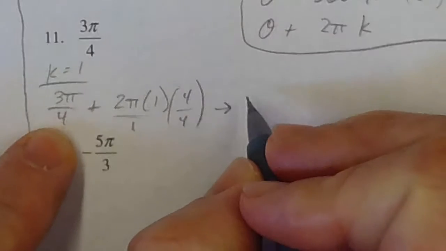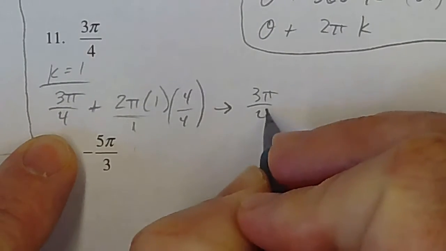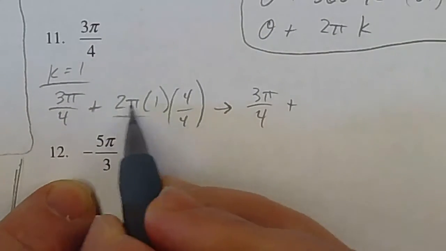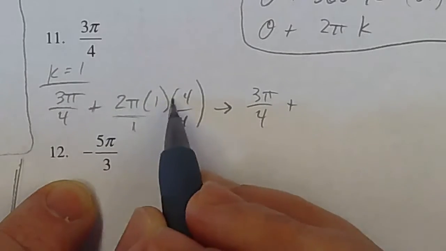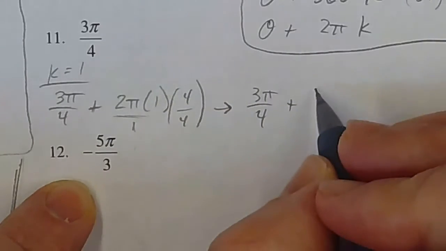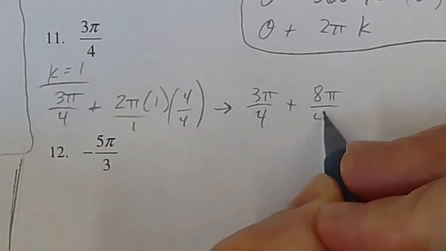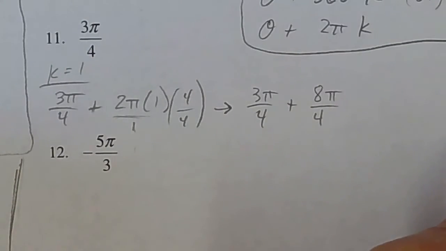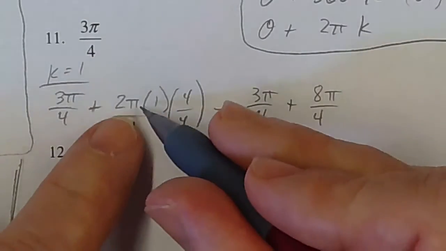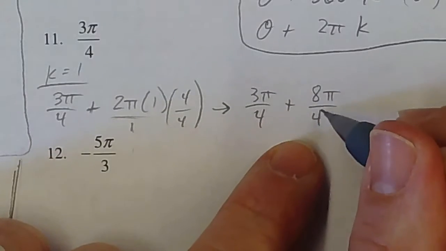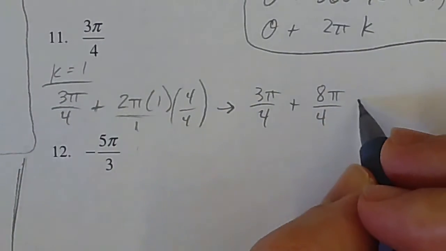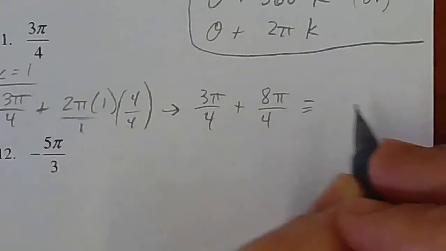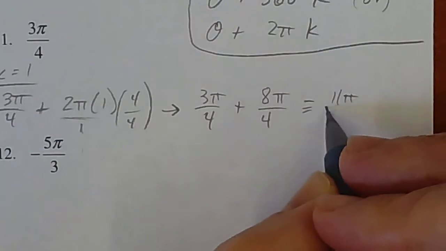Okay, so the 3 pi over 4 is still here, plus, and now this is going to be 8 pi over 4. Now I have a common denominator, and that should make mathematical sense, right? It was 2 pi, now 8 divided by 4 is 2. So I just changed its form so that I can add it together to get 11 pi over 4.